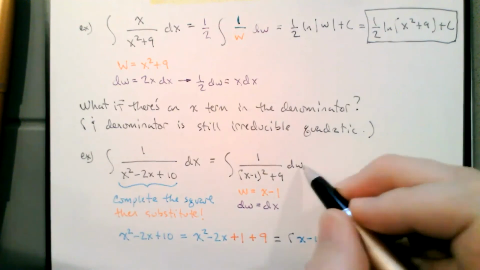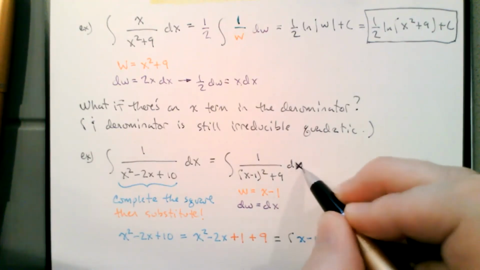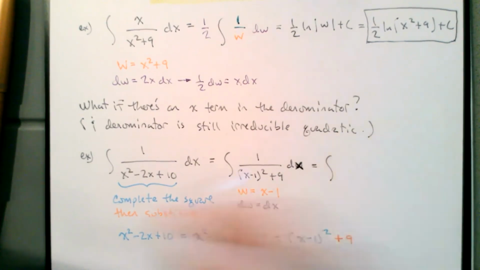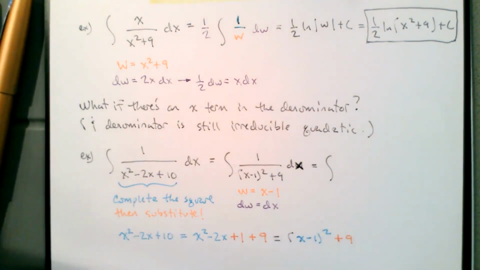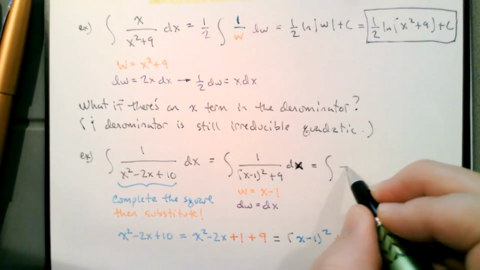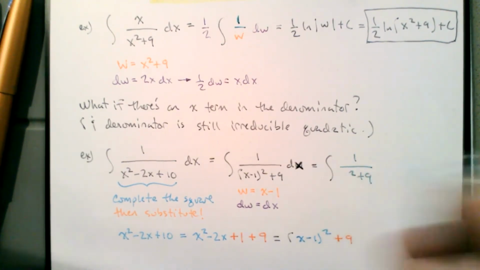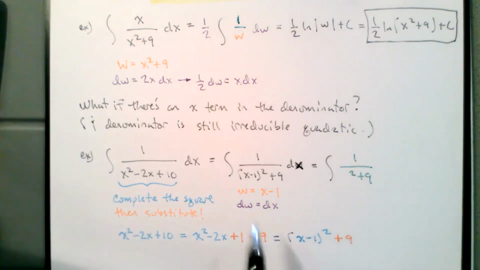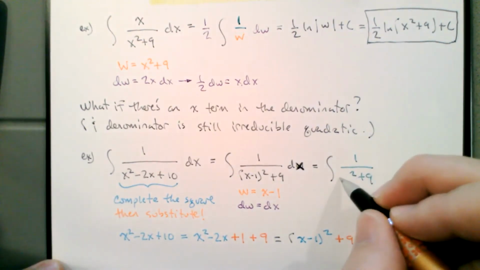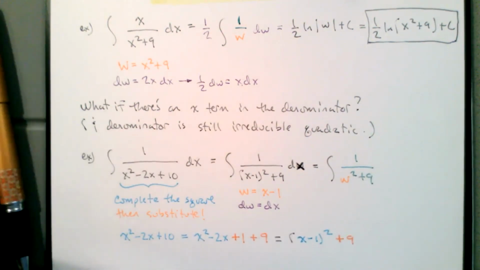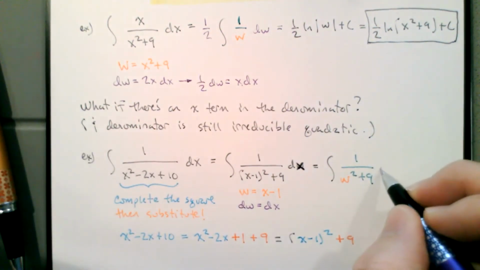They're the same, but they're not substituted yet. So I'm still integrating 1 over something squared plus 9. But instead of x minus 1, that's w. And instead of a dx integral, this is now a dw integral.